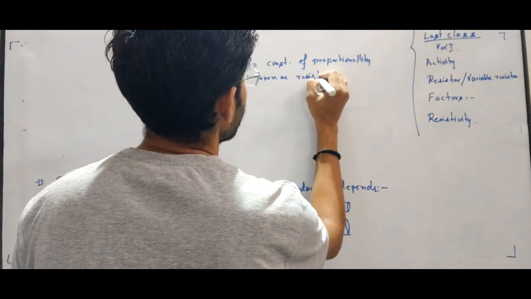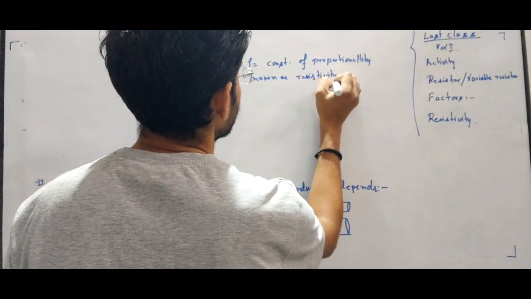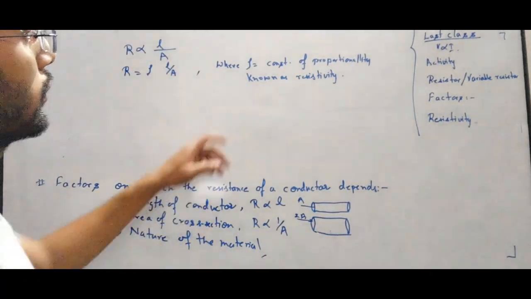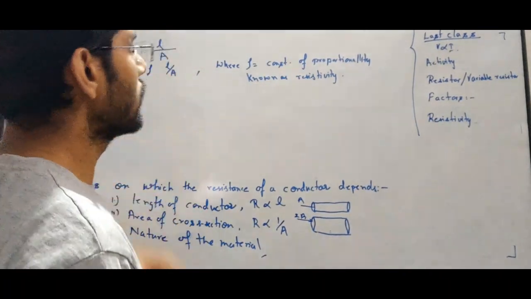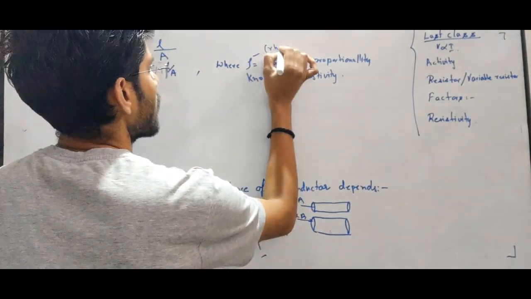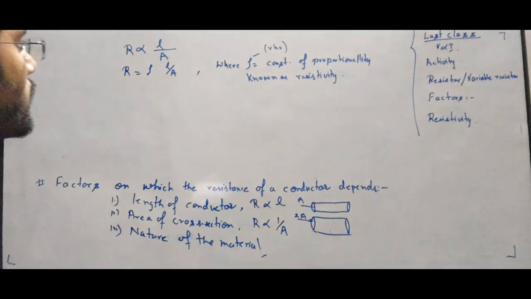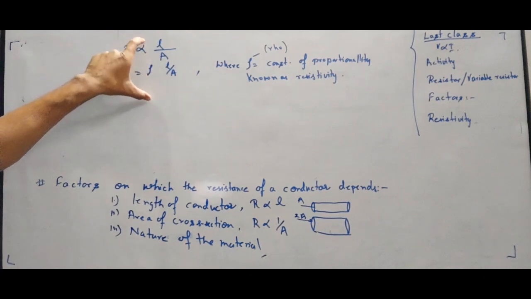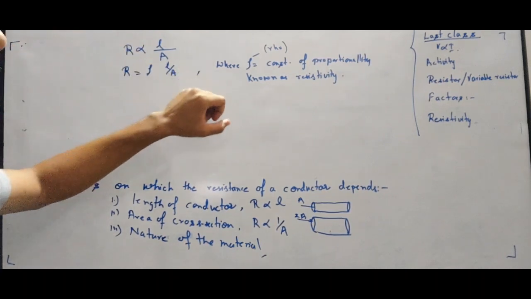Sorry for that. है ना? Constant of proportionality known as a resistivity. You can pronounce it as rho, R-H-O. So these are the factors on which the resistance of the conductor depends.